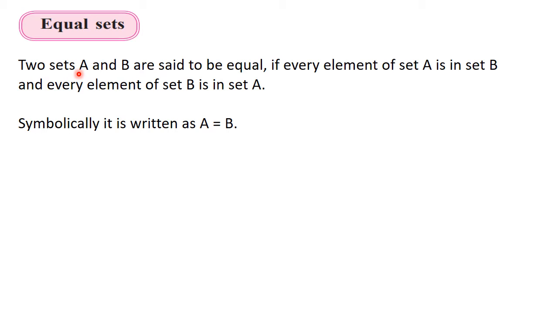If we take two sets A and B, then they are said to be equal if every element of A is present in B and every element of B is present in A. In a nutshell, both the sets should have exactly the same elements. Correct? Symbolically, we can write it as A = B. It means that set A is equal to set B. Okay? Now, let's see some examples to understand it better.